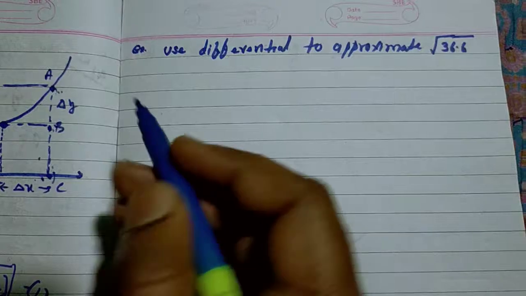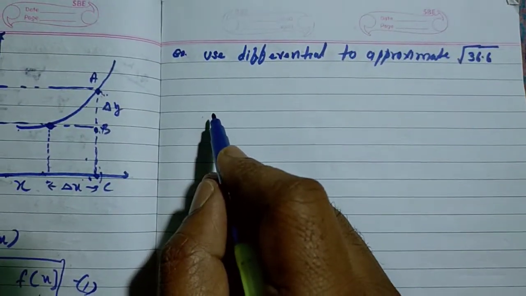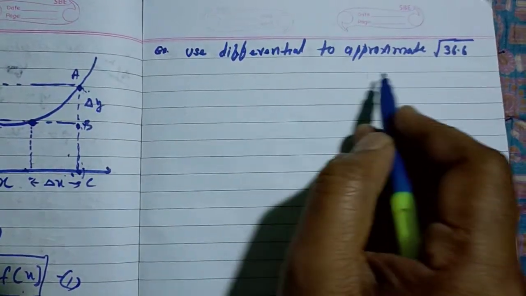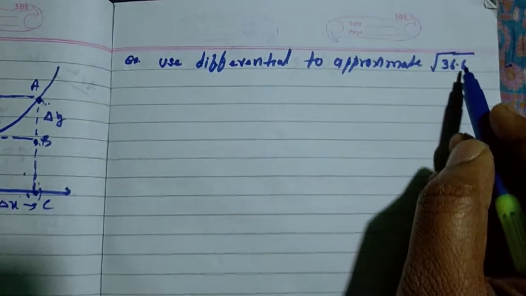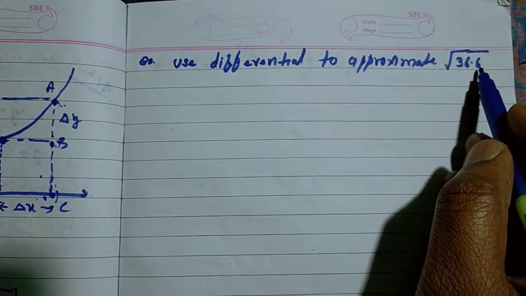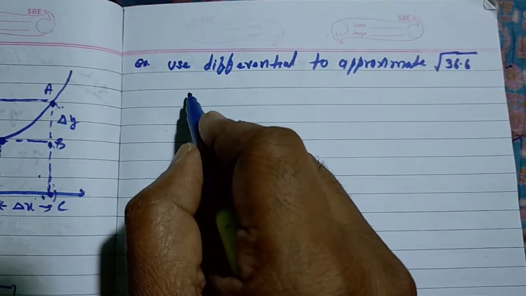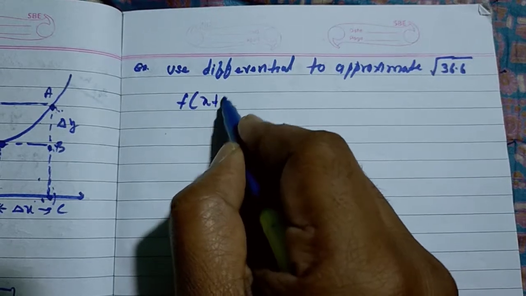Similarly, next question we will see here. This question I have taken from NCERT textbook, from example. Under root 36.6. Okay, so what is this 36.6? Under root 36.6 is nothing but this is the only given x plus delta x.